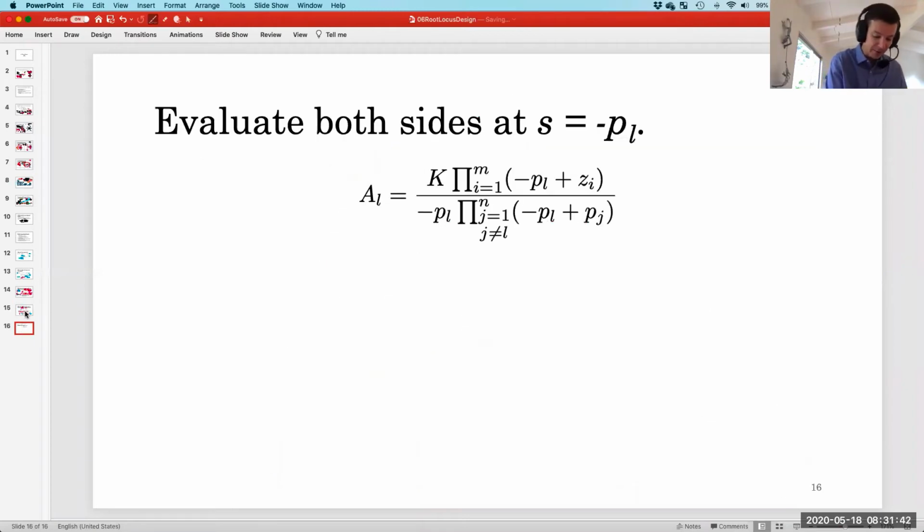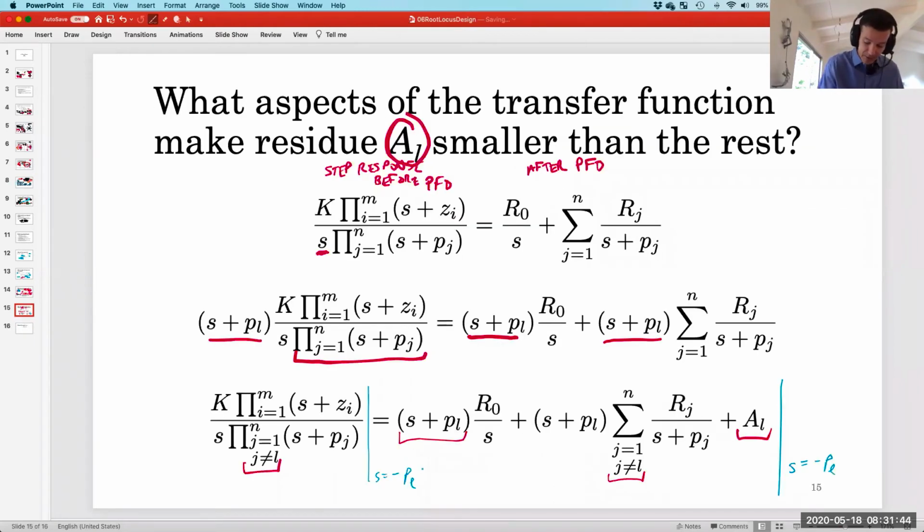So let me show you how we go from 15 to 16 here. If I evaluate the left at S equals negative P sub L, then all the S's get written as negative P sub L. That's not news to anyone. What is news is that there's no cancellation anymore because we have canceled the S plus P sub L factor out of here. Now what happens on the right is the same thing.